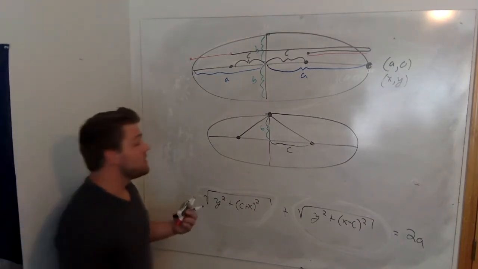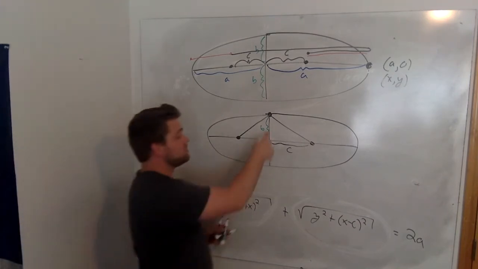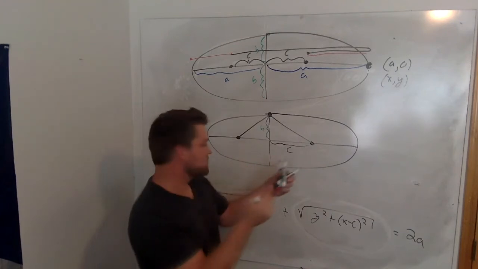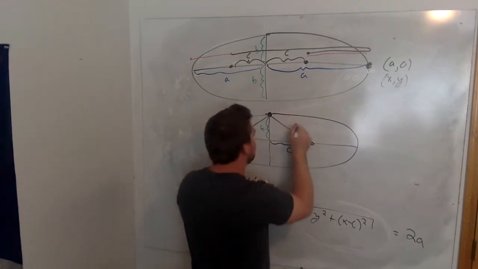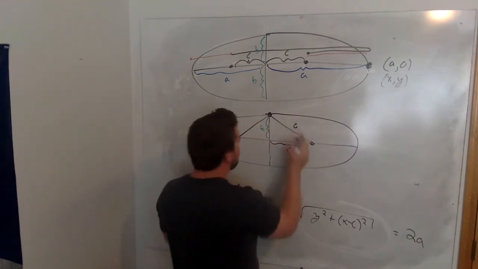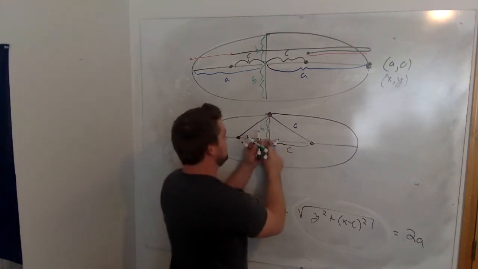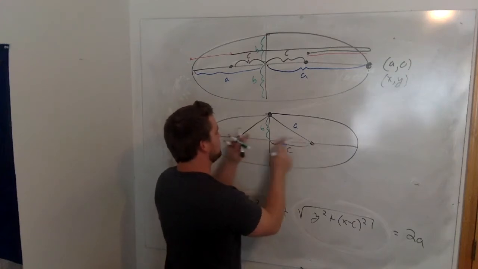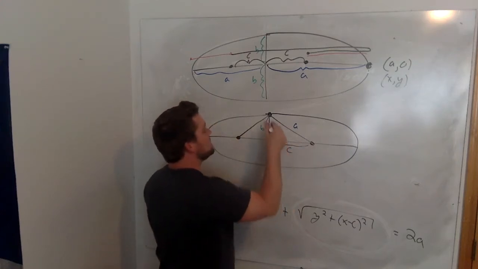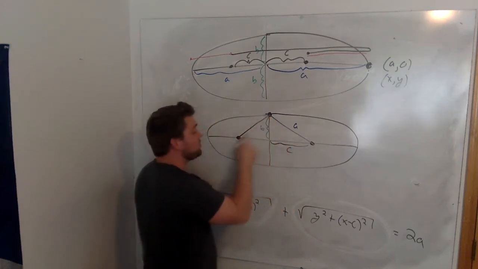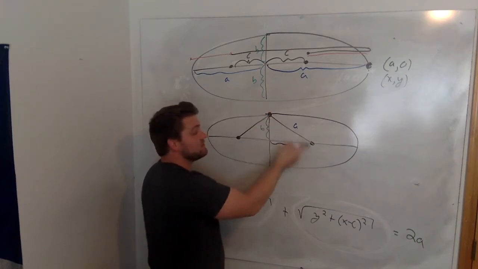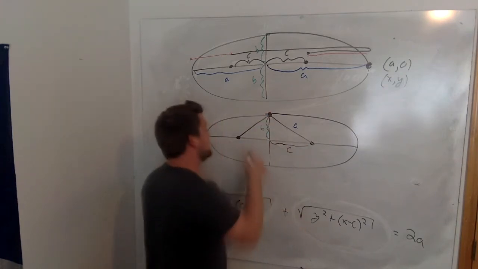Okay, well, I'm going to argue that the length right here is A. Why is this A? Well, my picture's not perfectly drawn, but if you put your pencil right here, since these two foci are an equal distance apart from the origin, the length of this line and the length of this line should be the same.